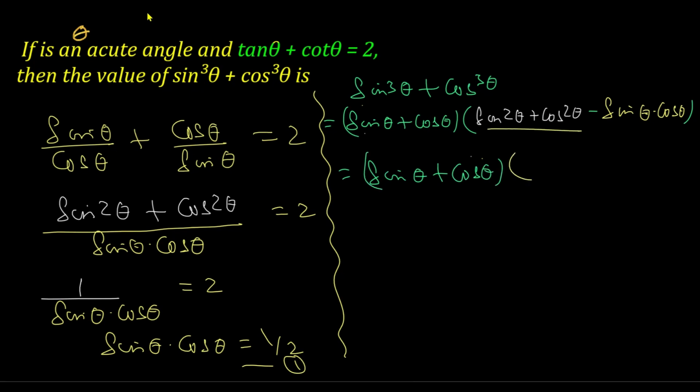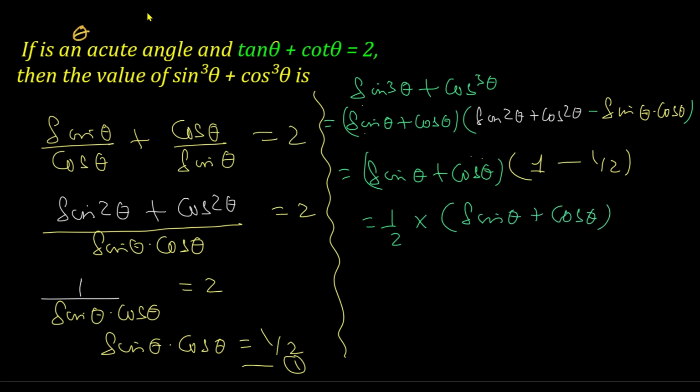In another bracket, I can replace this with 1 minus half. So 1 minus half is half. So let me write half in the beginning, multiplied by sine theta plus cos theta. Now from here you can figure out that if I get the value of sine theta plus cos theta, we will get the final answer.